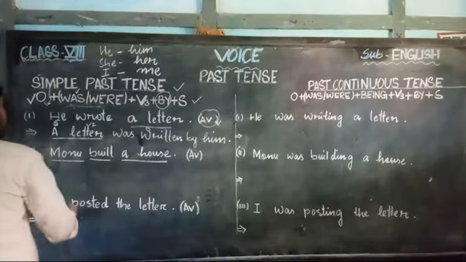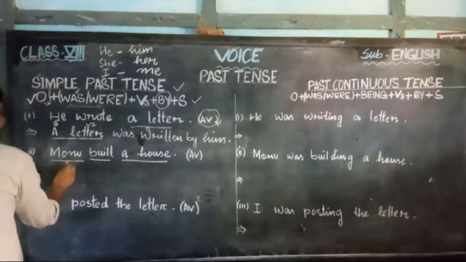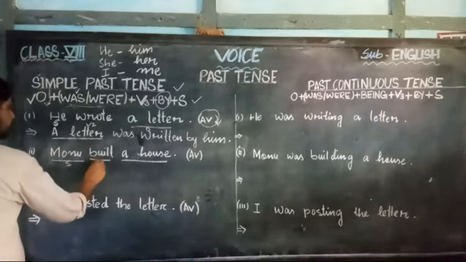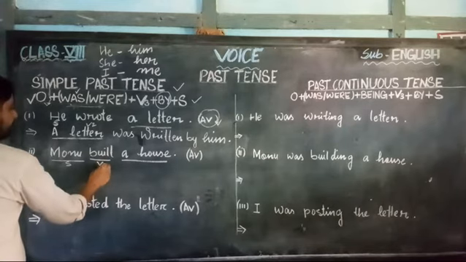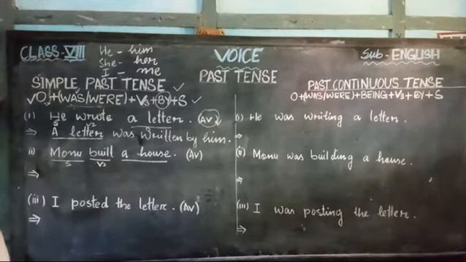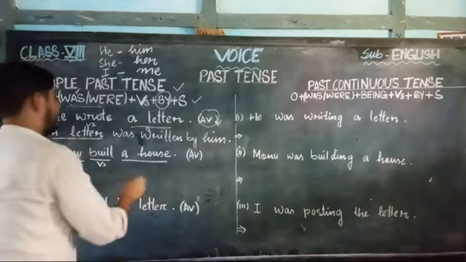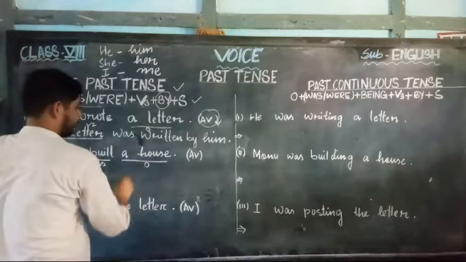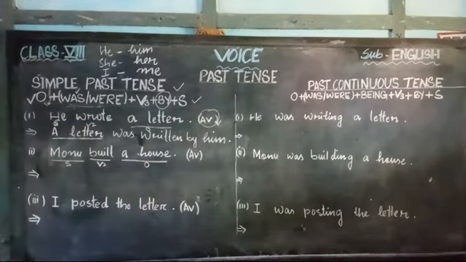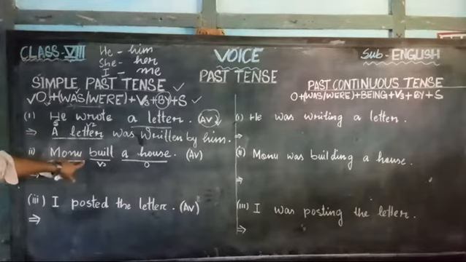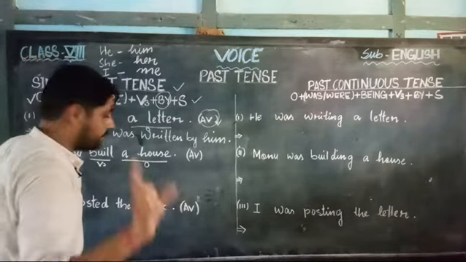So we know Monu is the subject here. We know built is the verb here, in the second form. And a house is the object here. So after getting this, we can easily use this rule and convert this sentence into passive.